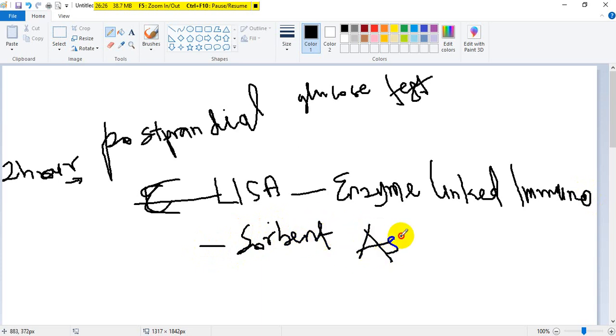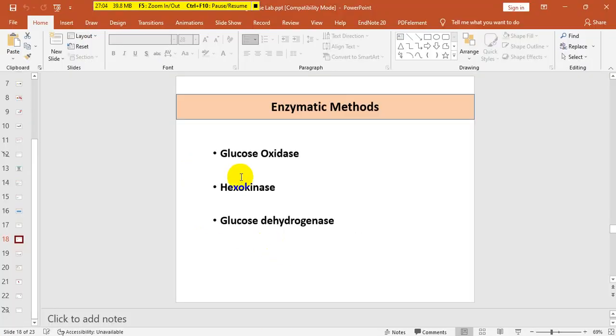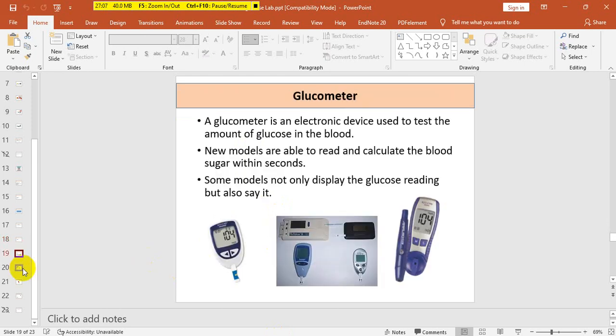This is what we use to measure the concentration of the various enzymes over here. So we use the ELISA test to measure the concentration of these enzymes.